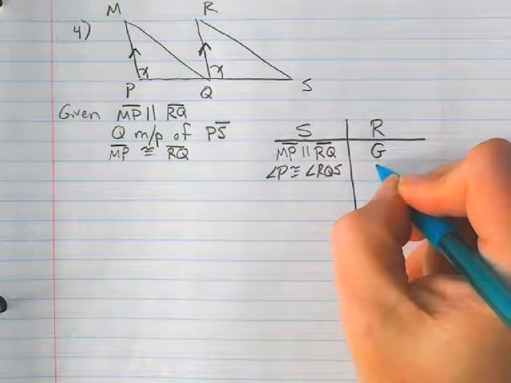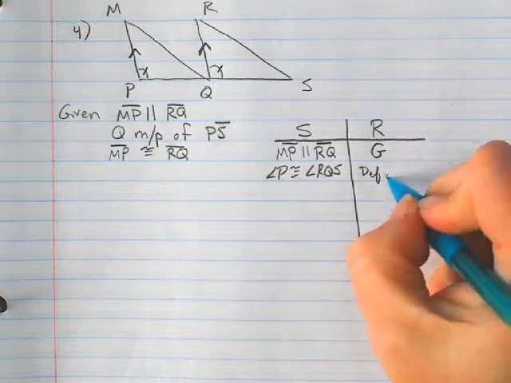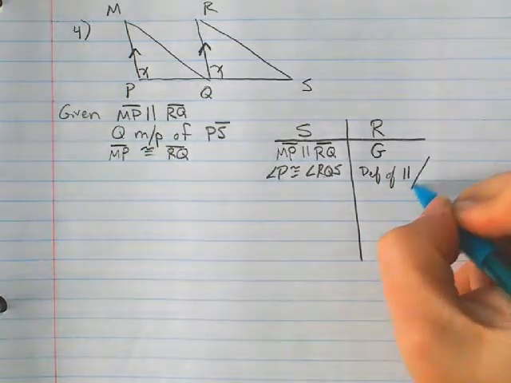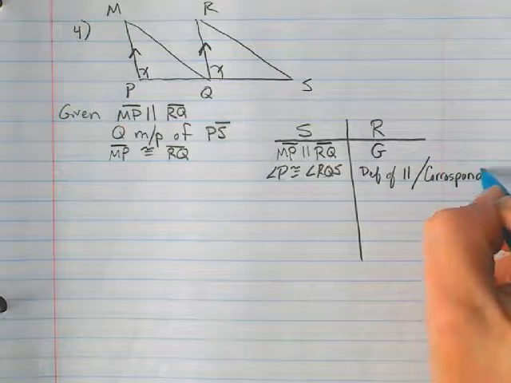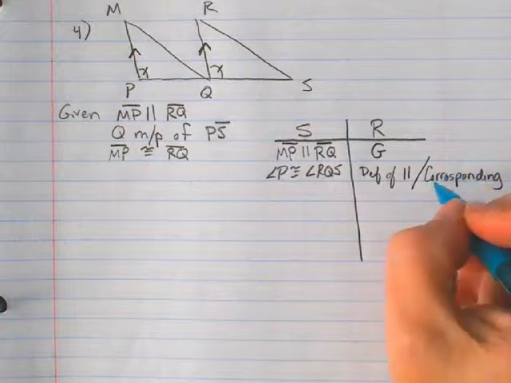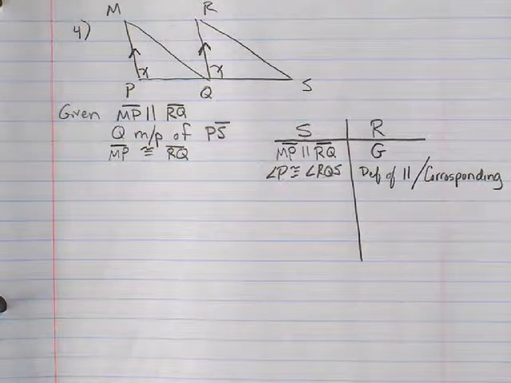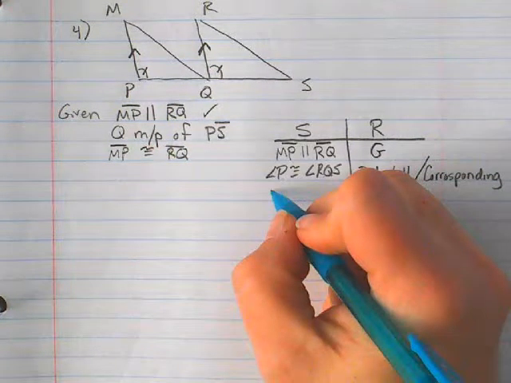It is not given. It's definition of parallel, corresponding. Because you have parallel lines, it has created corresponding angles. Check it, it's done.